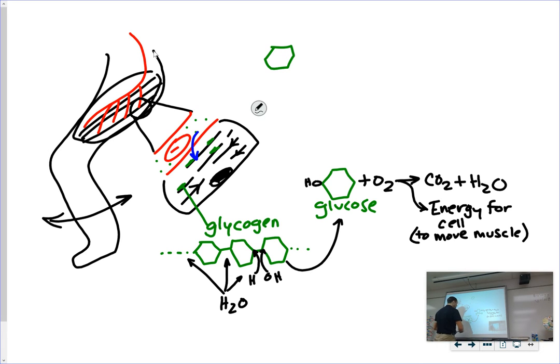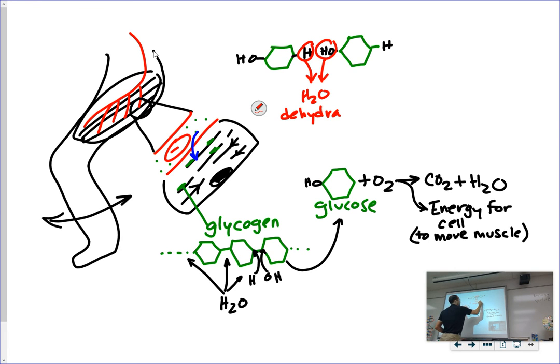So you'll have glucose with an H and an OH, and then you'll have another glucose with an H and an OH, and that H and OH will get removed. So water will be removed. This is called dehydration synthesis.